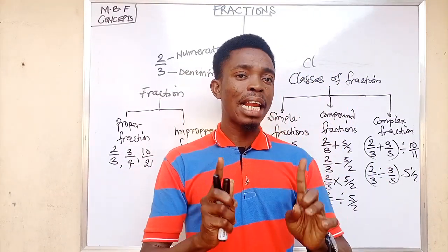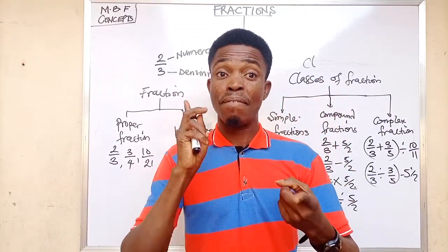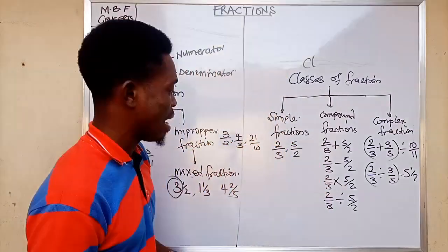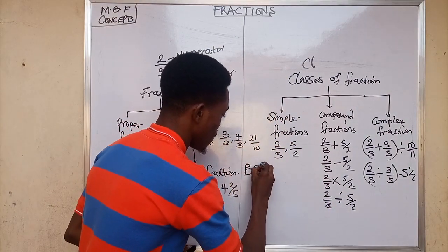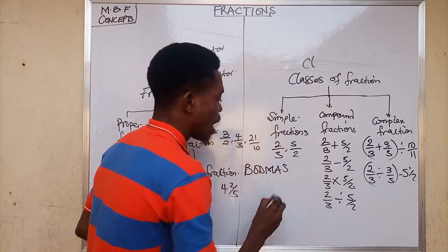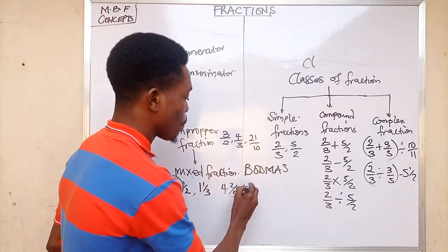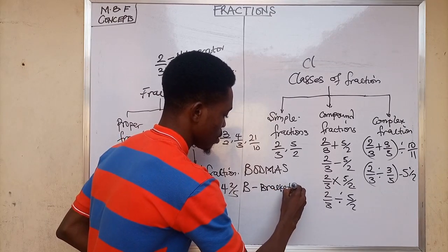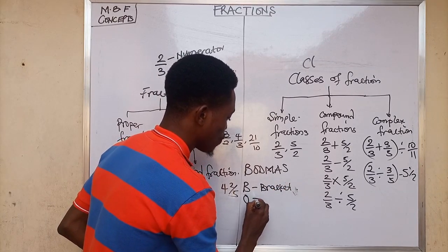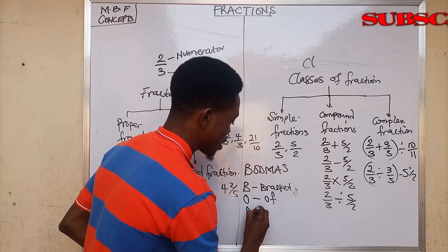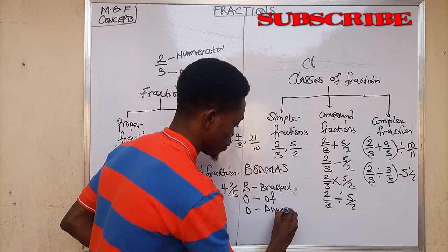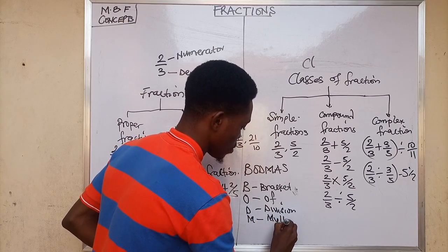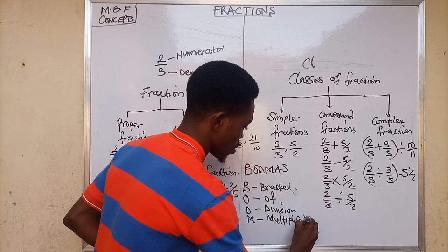And guys, like I said earlier, complex fractions are solved effectively with the application of the rule called BODMAS. Now, what does BODMAS mean, guys? B stands for the word brackets. O stands for the word of. D stands for the word division. M stands for the word multiplication.